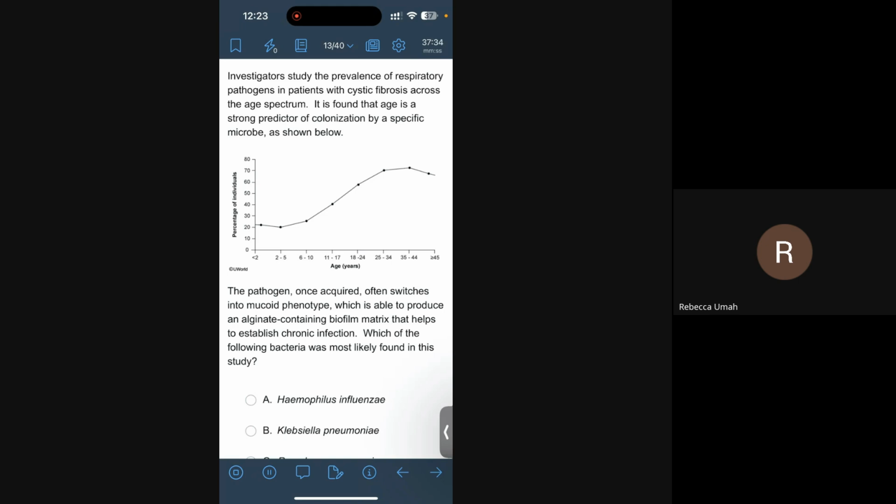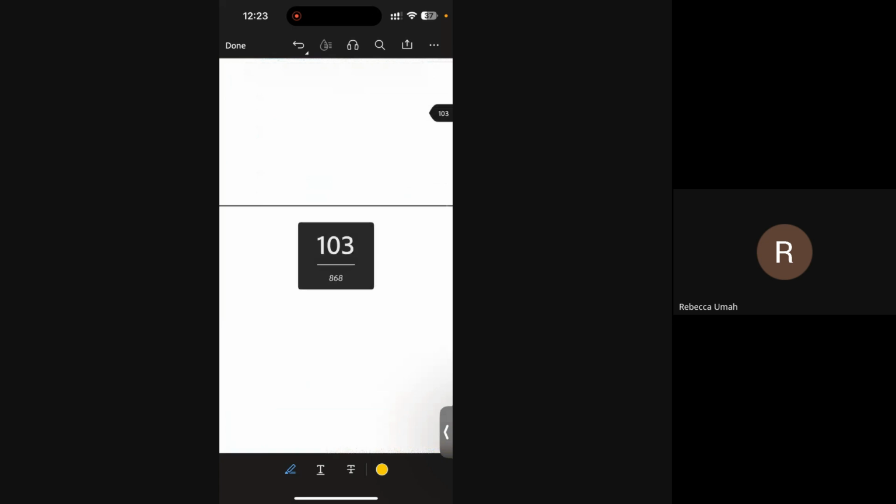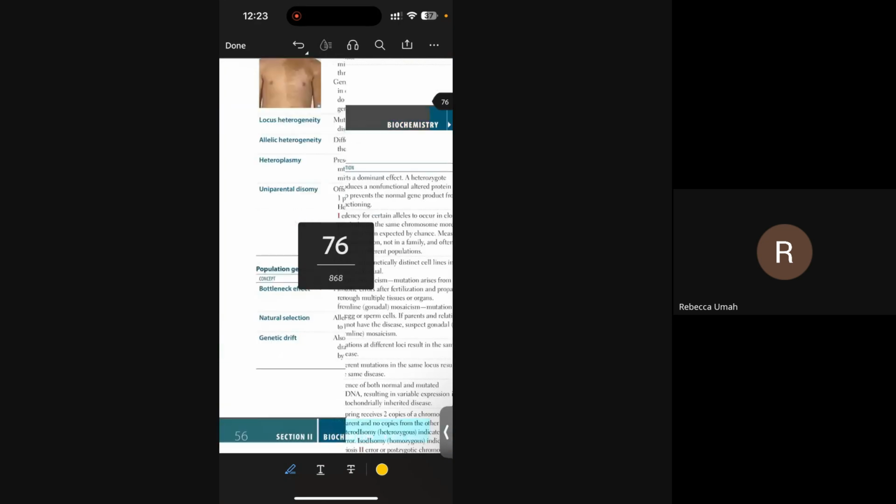We can clearly see that the specific bacteria is causing much more infection in the older age and fewer infections in the early age. Do you know which bacteria in the cystic fibrosis patient causes infection in the later age? Pseudomonas.